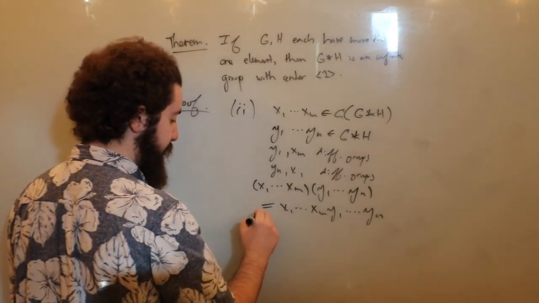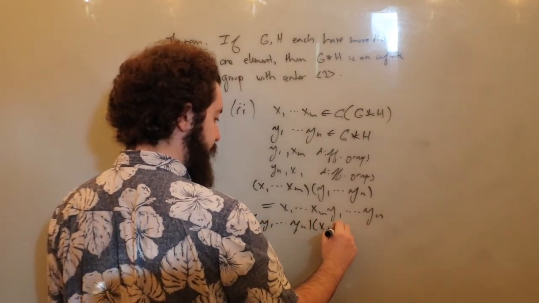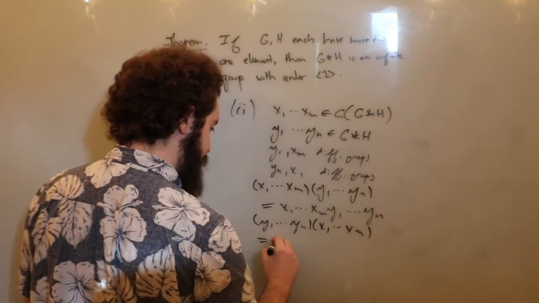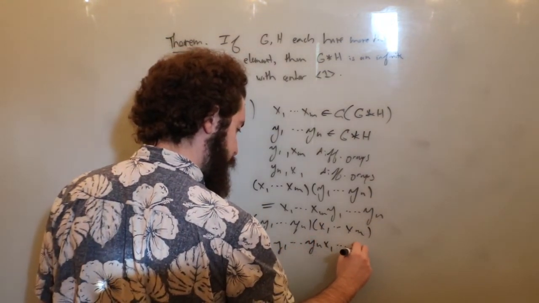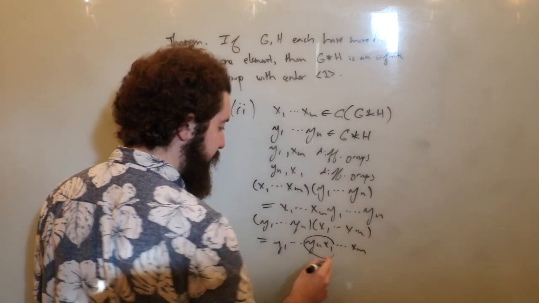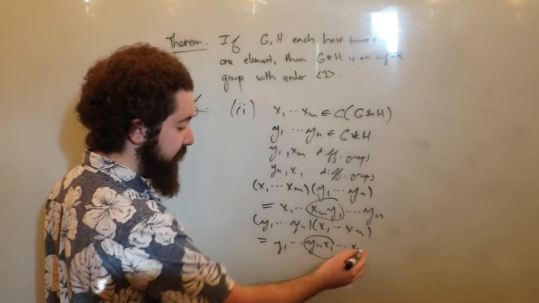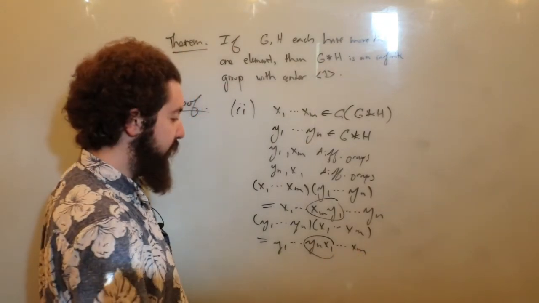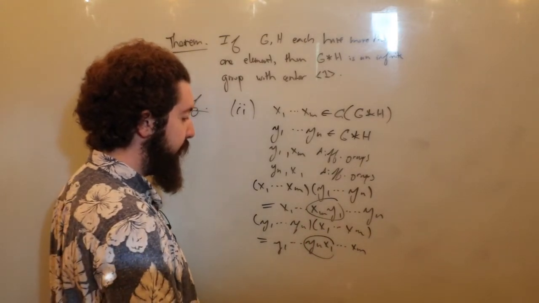And then if we multiply it the other way, same thing is going to happen. We assumed that these two were also in a different group from each other, so that this word is already reduced.